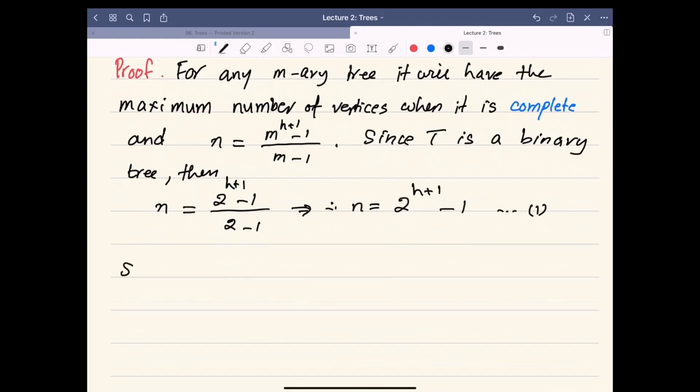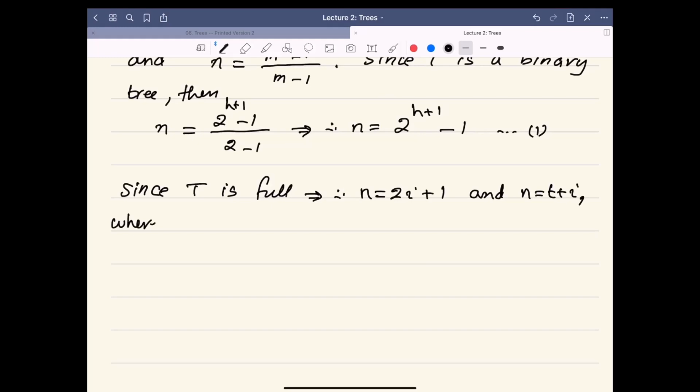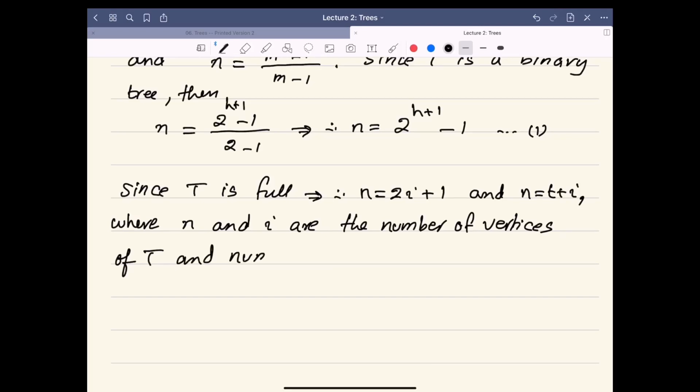Also, since T is full because it's complete, we have n equal to 2I plus 1 and n equal to t plus I, where t is the number of terminals and I is the number of internal vertices, and n and I are the number of vertices of T and the number of internal vertices of T respectively.